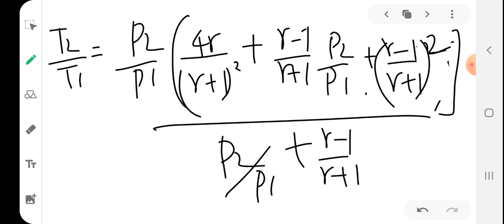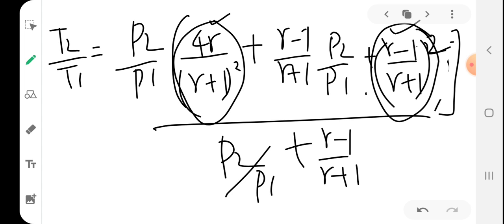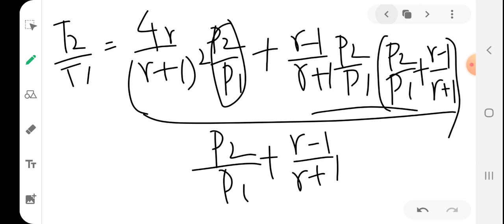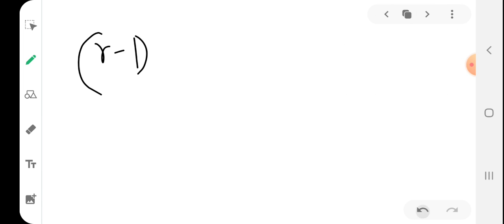Now, by adding the first and last term inside the bracket of this equation, so adding this term and this term, what will happen? So gamma minus 1 whole square, right? Note this term.